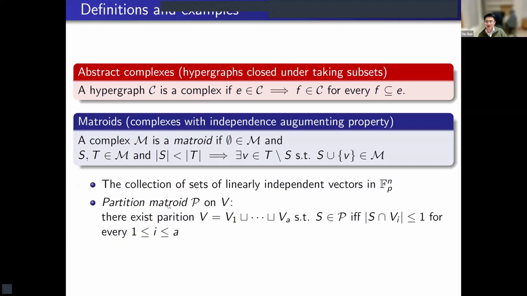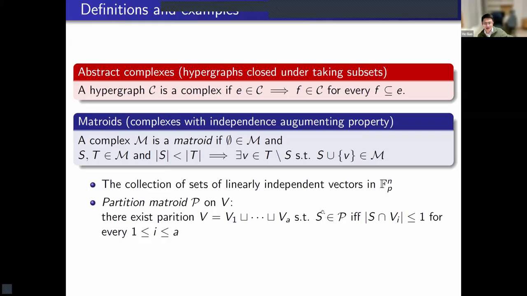And of course, we have some examples from set theory. That is the following example, which we call the partition matroid. Assume you have a set V, and the partition matroid is defined as follows. First, you divide the vertex set V into some disjoint parts, say V1 up to Va.